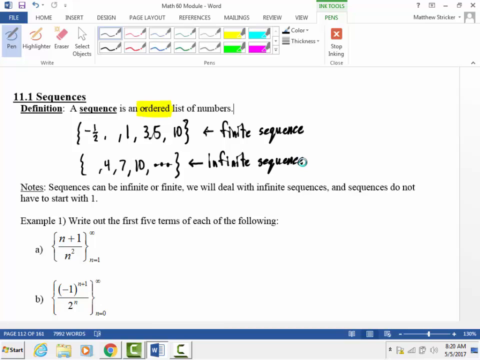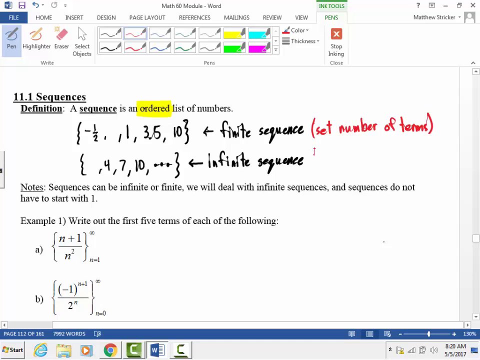In a finite sequence, there are a set number of terms. Whereas how many terms are in an infinite sequence? Yeah, there's an infinite number of terms.